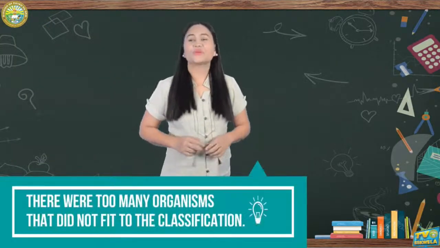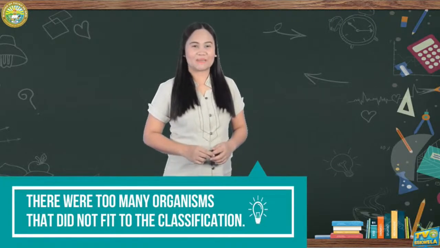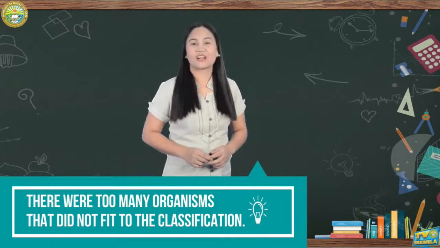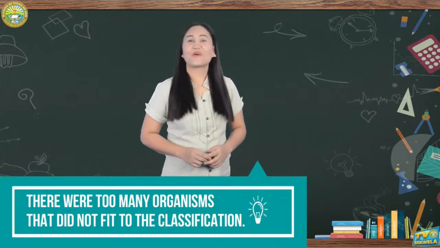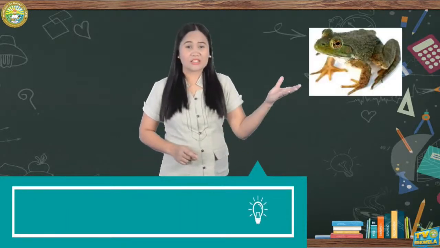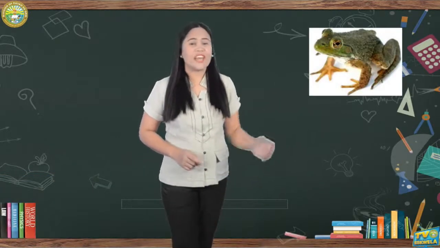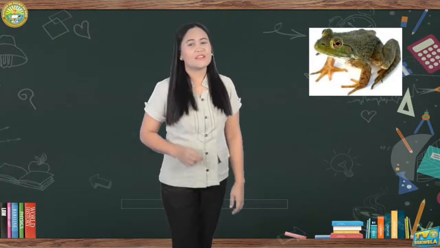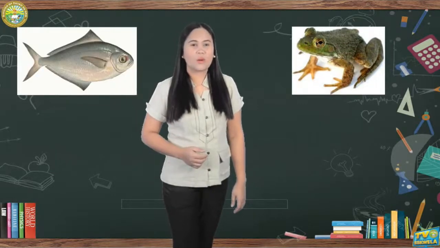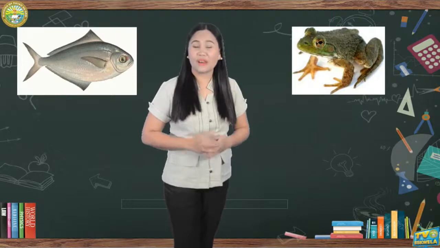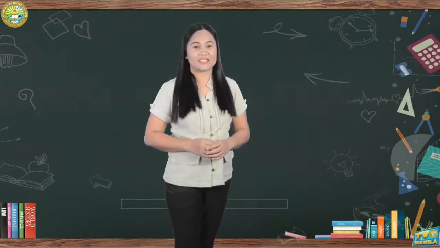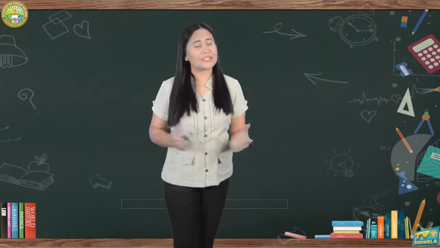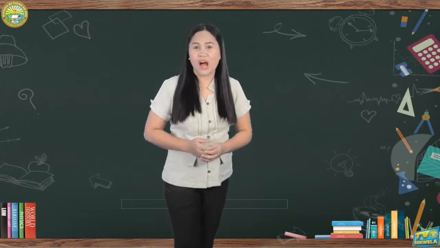Second, there were too many organisms that did not fit the classification. For example, the frogs are born in water and have gills like fish, but when they grow up, they have lungs and can live on land. So how could Aristotle classify frogs?